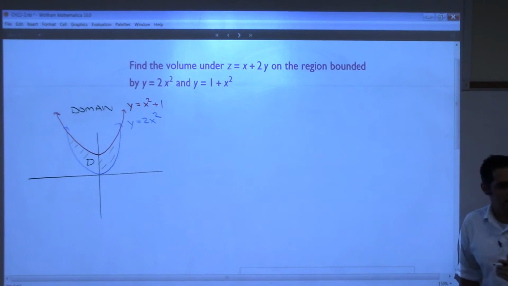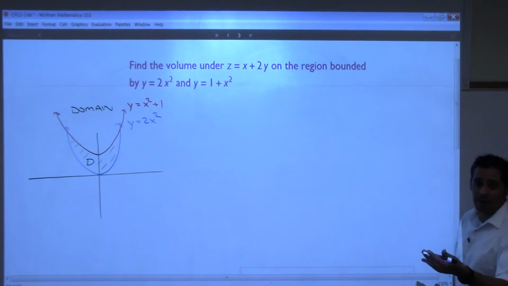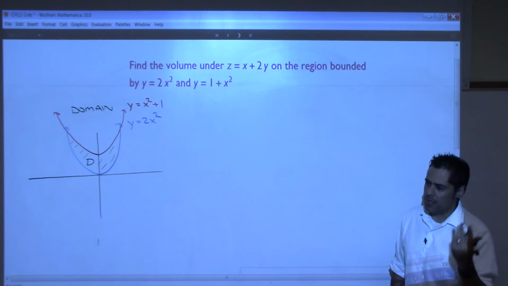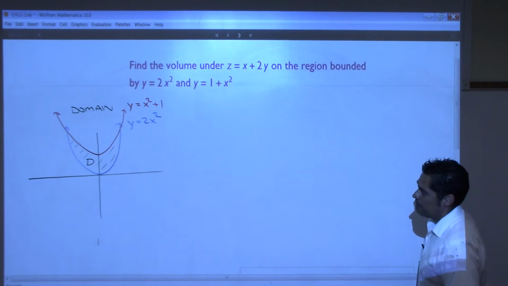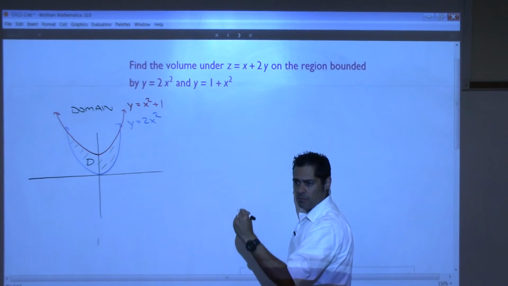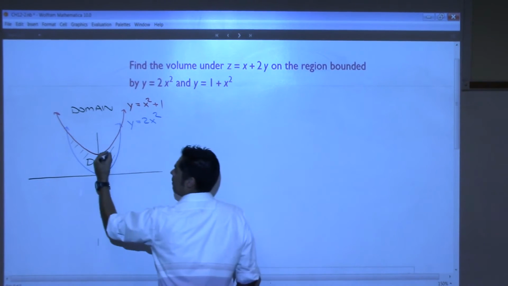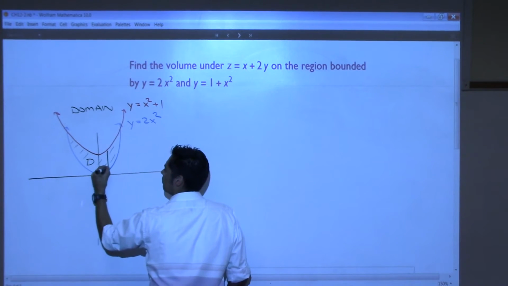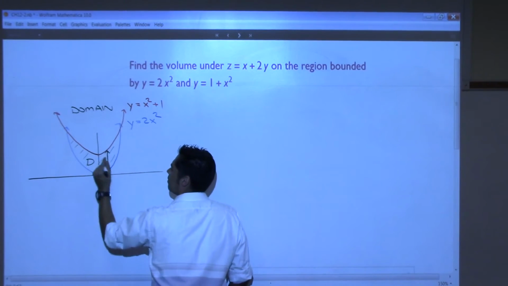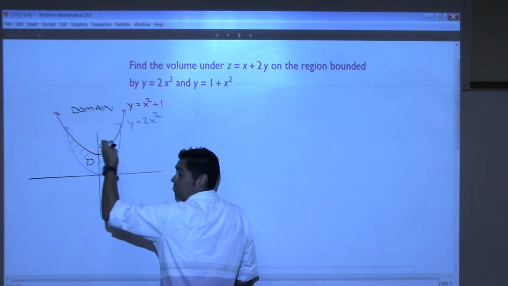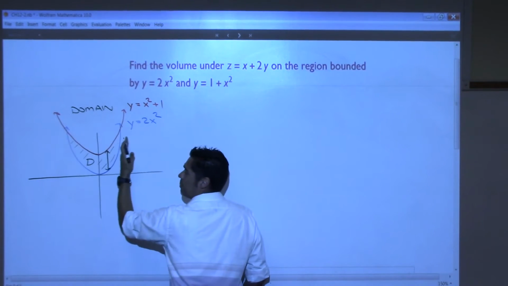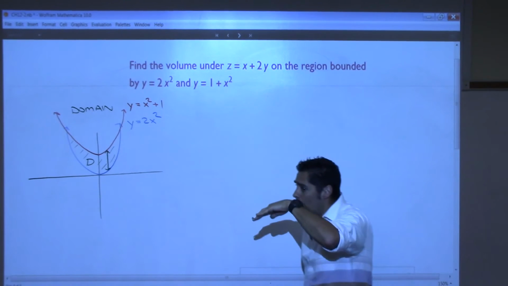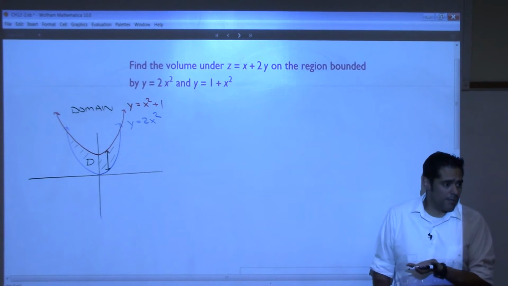So the question now to you is, is this a type 1 region? Well, it's not a rectangle, so we can't do what we did last class. If you think it's a type 1 region, then you need to be able to draw a little arrow in here vertically, and imagine moving this back and forth through your entire region D, and your top function should never change and your bottom function should never change.